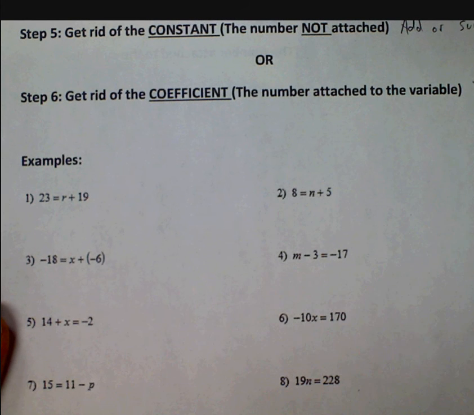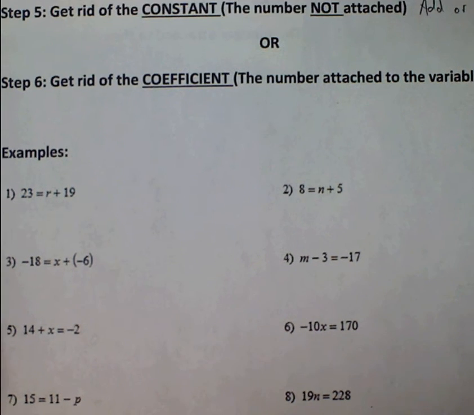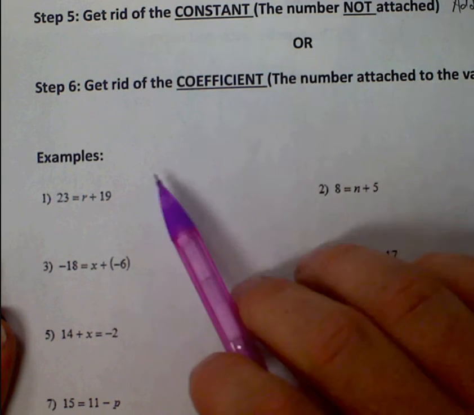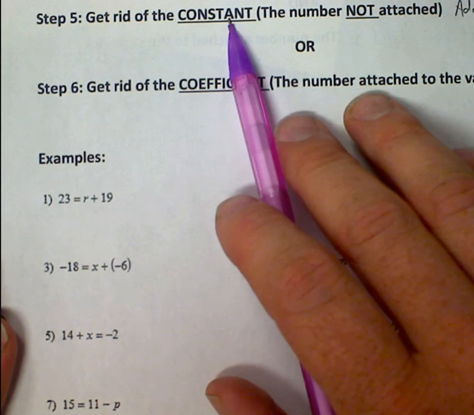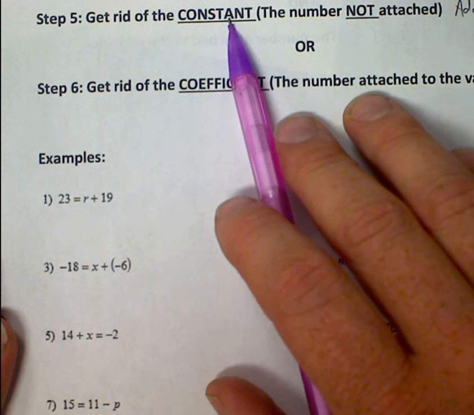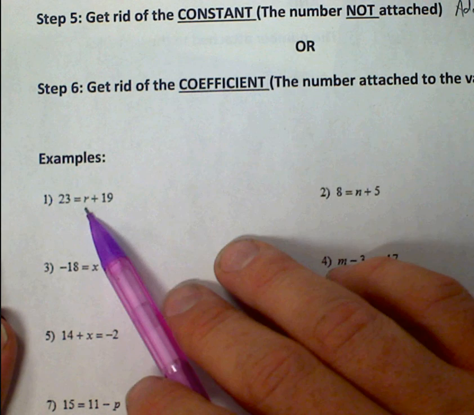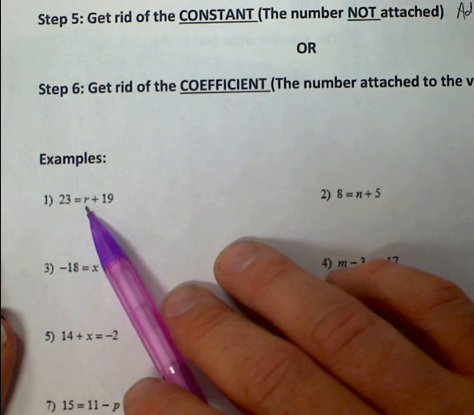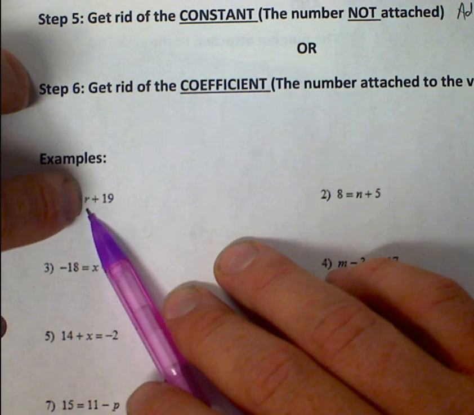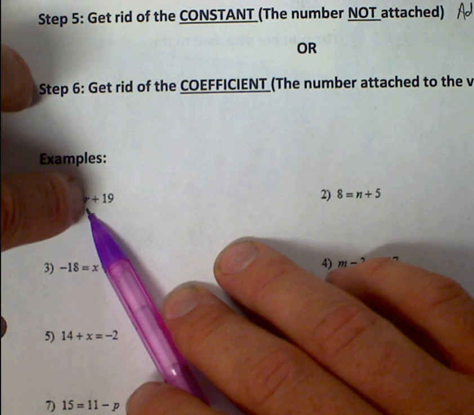So let's look at number 1. My first question is, would I focus on step 5 or step 6? Step 5 says it's a constant. Here's my r. My whole goal is to get the variable by itself, so I only need to focus on getting rid of what is on the r side.